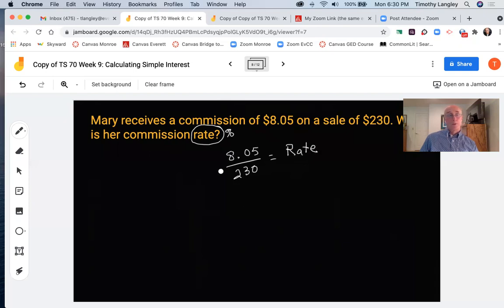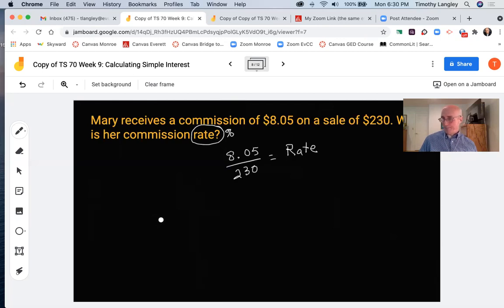Now, this is a bit of a shift. We're asking for something different. What's the commission rate? Well, we take the amount of money she made, divide it by the total amount of the sale, and that gives us the percent.